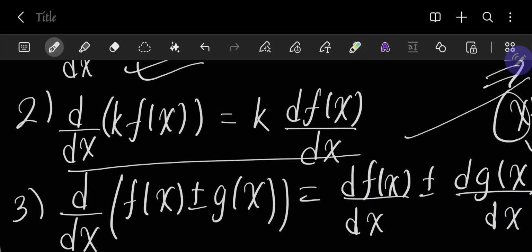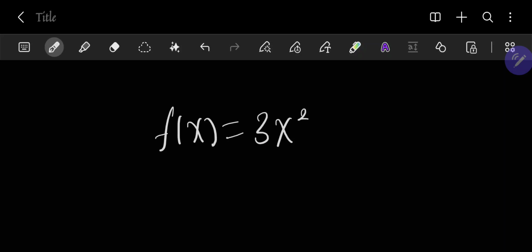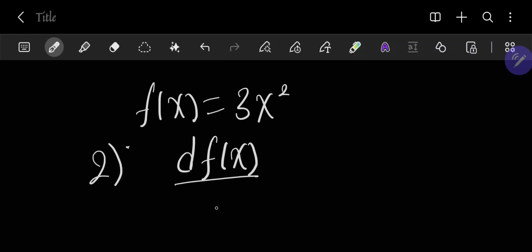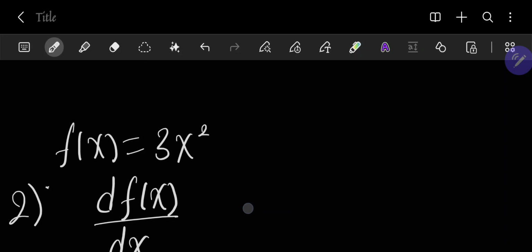Now, as for the second rule, this second rule is essentially for a constant k times a function. So if we have a function, let's say f of x equals 3x squared. Now, what the second rule says is that, if we take the derivative of f of x, well, essentially speaking, this itself is also a function.